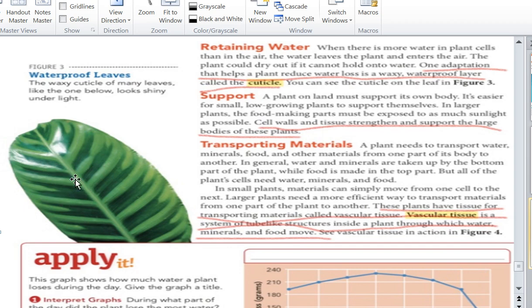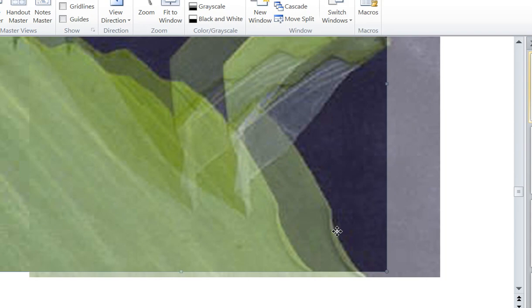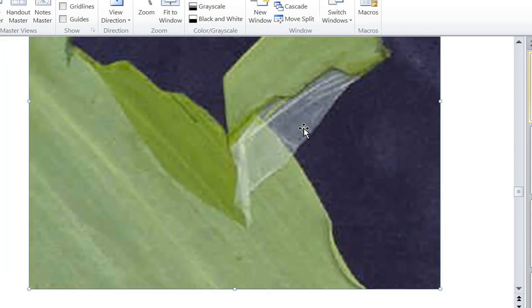It looks shiny under light because a waxy layer covers it, and you may notice this on plant leaves. I will show you pictures to imagine this. Plant leaves are covered with a waxy, transparent, thin layer called the cuticle.